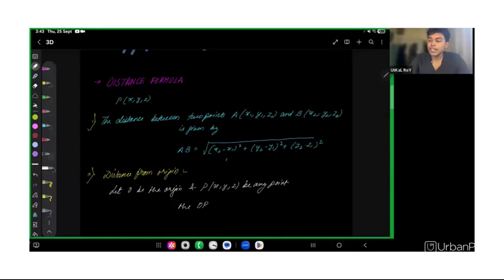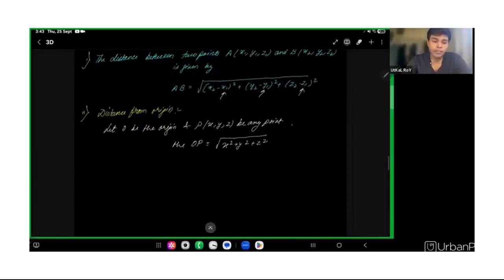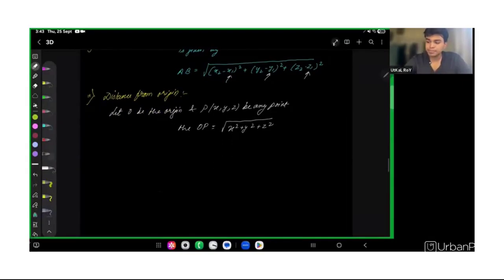If O is the origin, then x1, y1, and z1 will be 0, 0, 0. So the distance OP equals root of (x minus 0) squared plus (y minus 0) squared plus (z minus 0) squared. That is root of x squared plus y squared plus z squared. It's very simple, right?